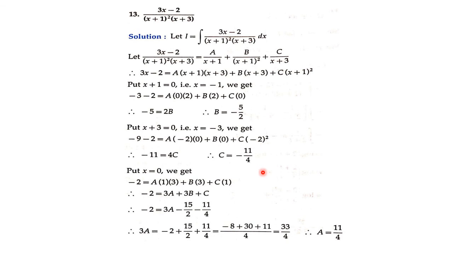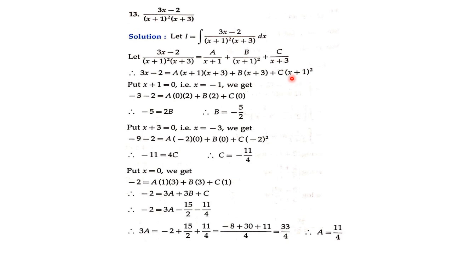Now we have B and C. Both have been obtained, but how to obtain the value of A? Because there is no more zero term, and there is only one (x + 1) term and the substitution for this is already done.